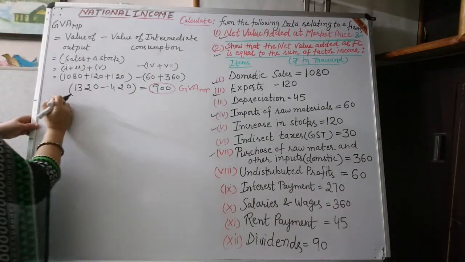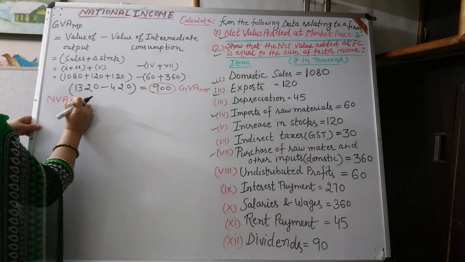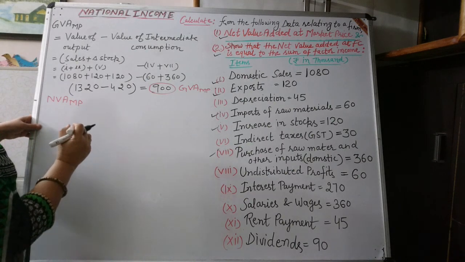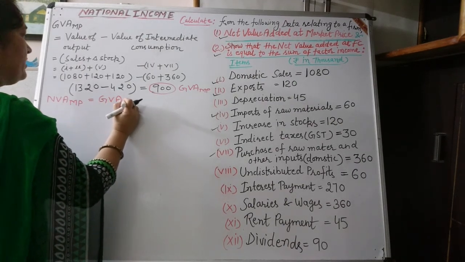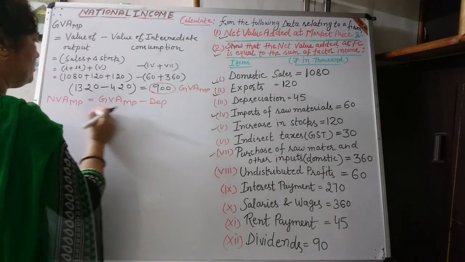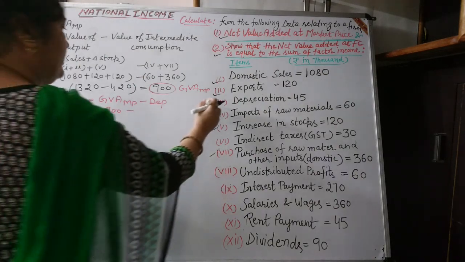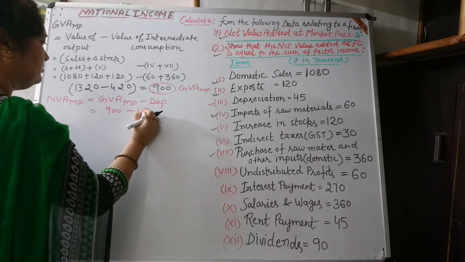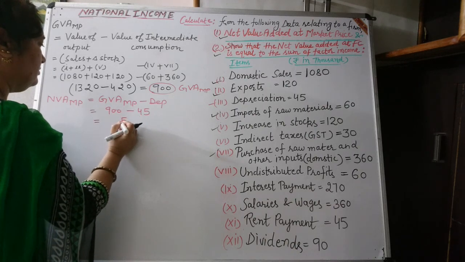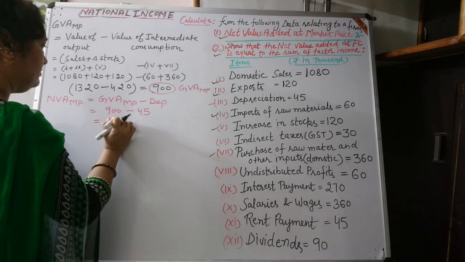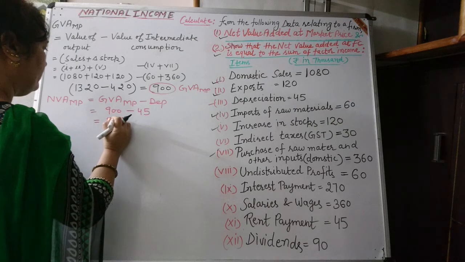Now we have to calculate net value added at market price, which is equivalent to gross value added at market price minus depreciation, is equal to 900 minus depreciation, which is 45, which is equivalent to 855.